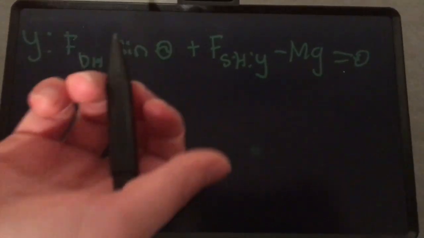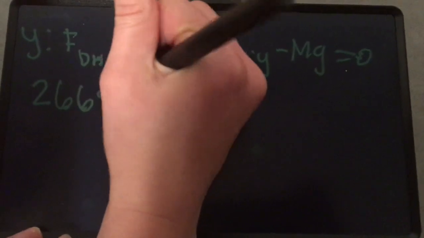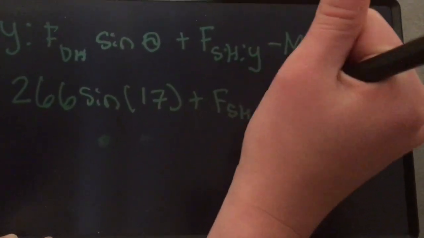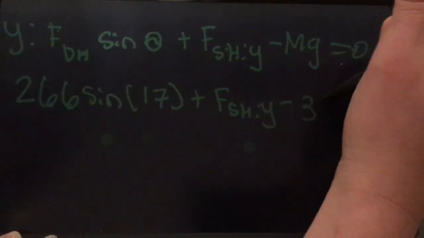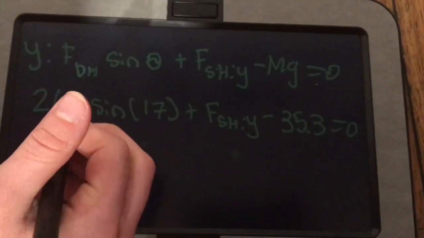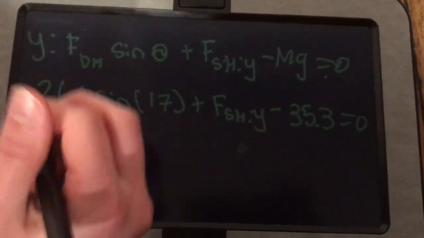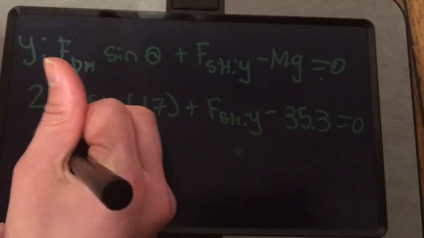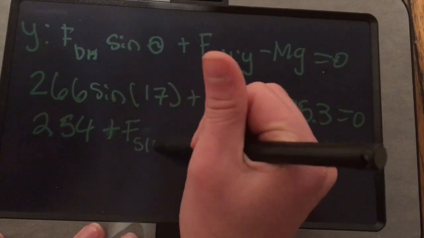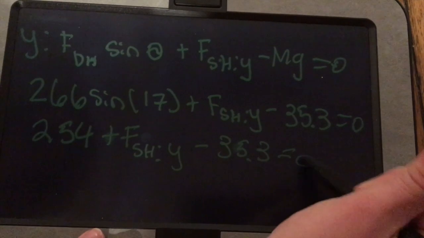So now, FDH, we obviously know our old friend 266 sine 17 plus FSH in the y direction minus 35.3 equals 0. So, as we remember from before, 266 sine 17 is going to equal 254 plus F scapula humerus, y direction, minus 35.3 equals 0.